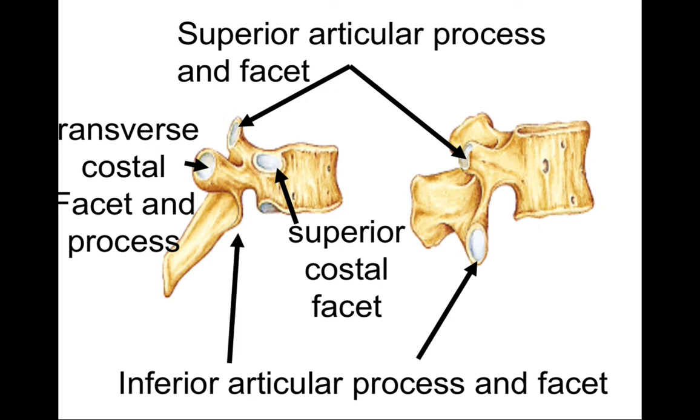These superior and inferior articular processes and facets will be useful as our vertebrae stack on top of each other. Now, the vertebral bodies aren't going to articulate with each other as there's going to be an intervertebral disc. But specifically, the superior articular facet that is on the superior articular process will articulate with the inferior articular process and facet of the vertebra that is right above it.